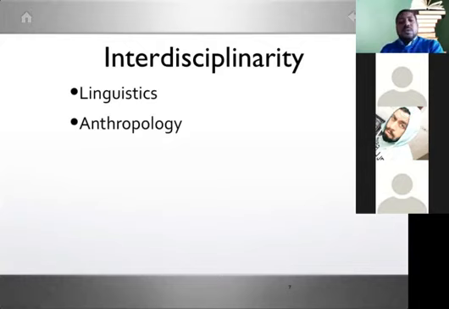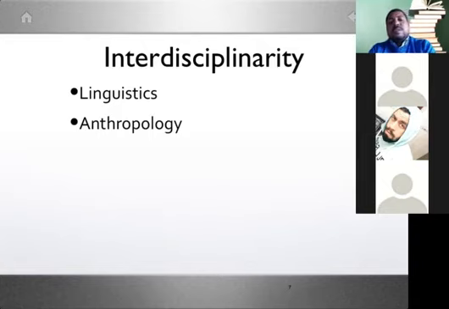Applied linguistics also intersects with anthropology. Anthropology is an autonomous discipline interested in the analysis and study of the human being. It has sub-branches, so physical anthropology, which is interested in the analysis of the remains of human beings, like fossils, bones, and artifacts. So archaeology is a sub-branch of anthropology.